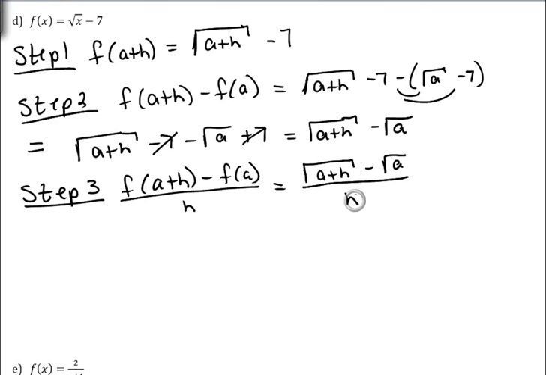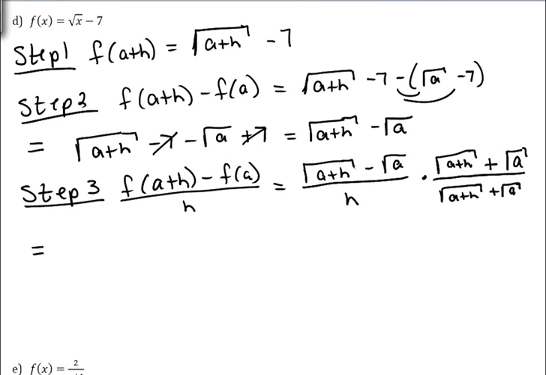So again, we want to get this h in the denominator out of there, and we're going to do that by multiplying by the conjugate of our numerator. So we're going to multiply by the square root of a plus h, change the sign in the middle, so plus, and then the square root of a. Do that to the denominator as well.